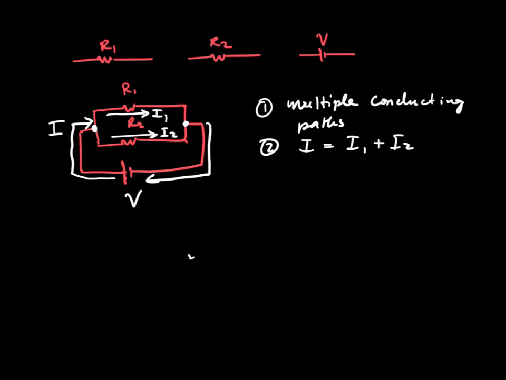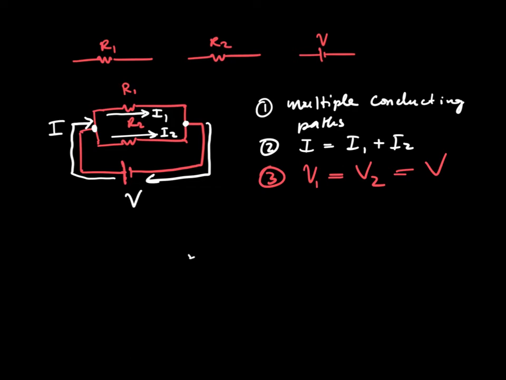So what that means is that the voltage V across the source is applied directly across R1 and R2 at the same time. So this means that V1 is equal to V2, and that is equal to the voltage of the source.